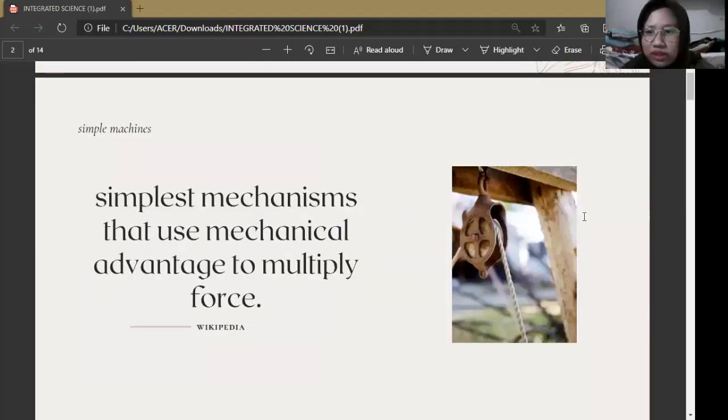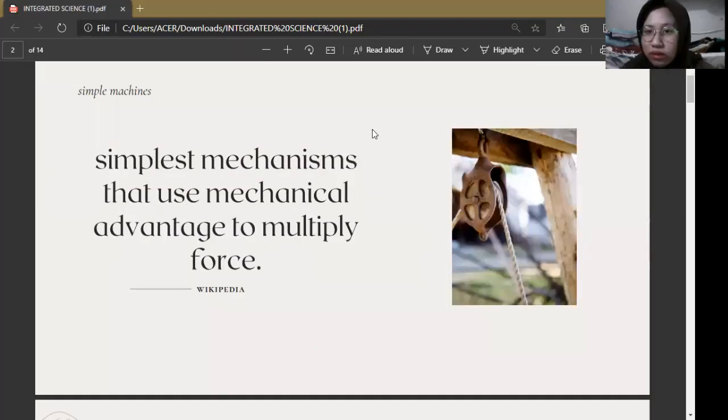Okay, first things first, I would like to talk about the definition of a simple machine. According to Wikipedia, a simple machine is the simplest mechanism that uses mechanical advantage to multiply force. So what does it mean to multiply force? You can move something larger that requires a large force with a small force.